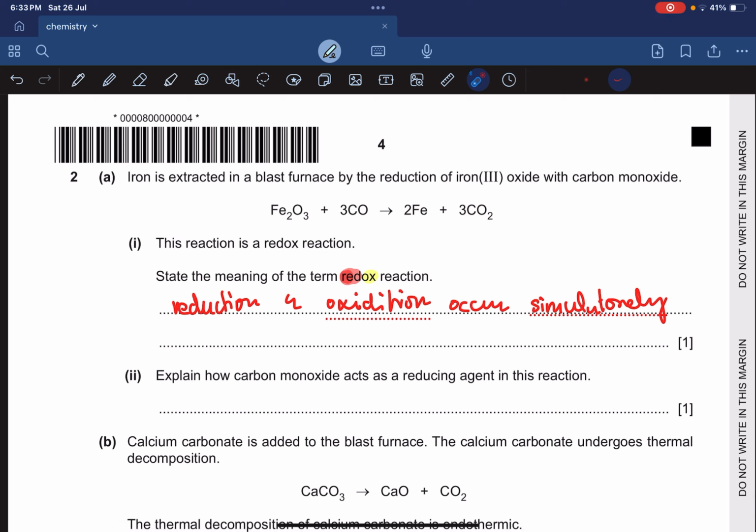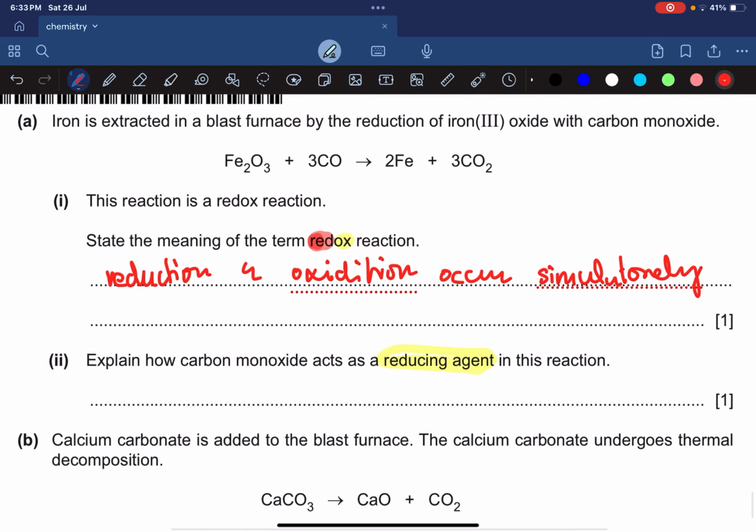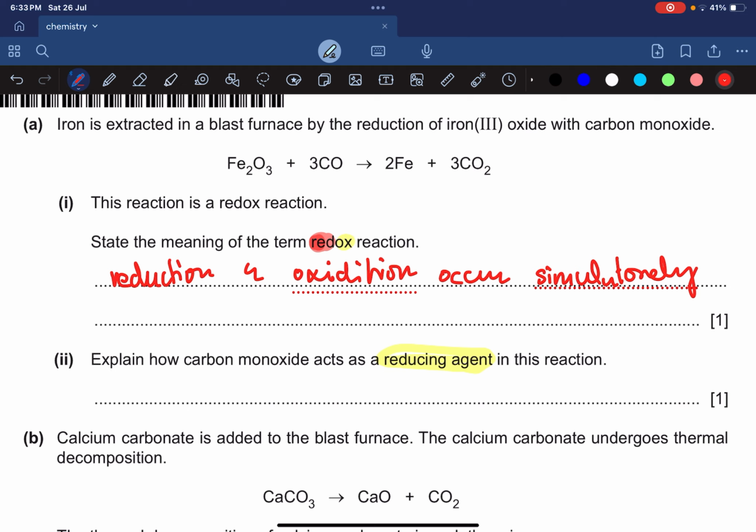Explain how carbon monoxide acts as a reducing agent in this reaction. What's the purpose of a reducing agent? A reducing agent has to oxidize itself, meaning it itself has to get oxidized. Can you see the oxidation taking place over here?